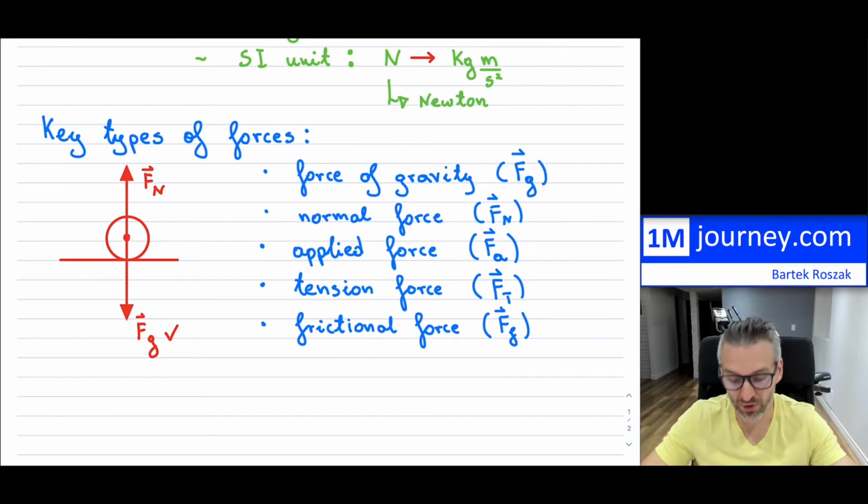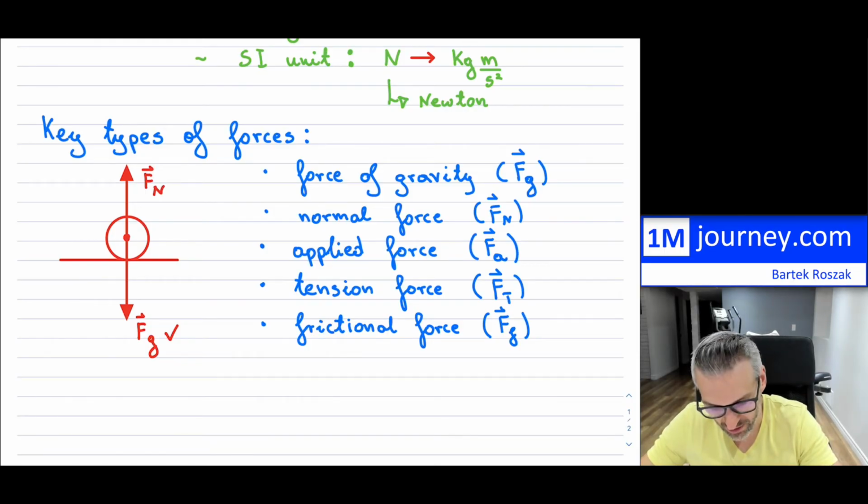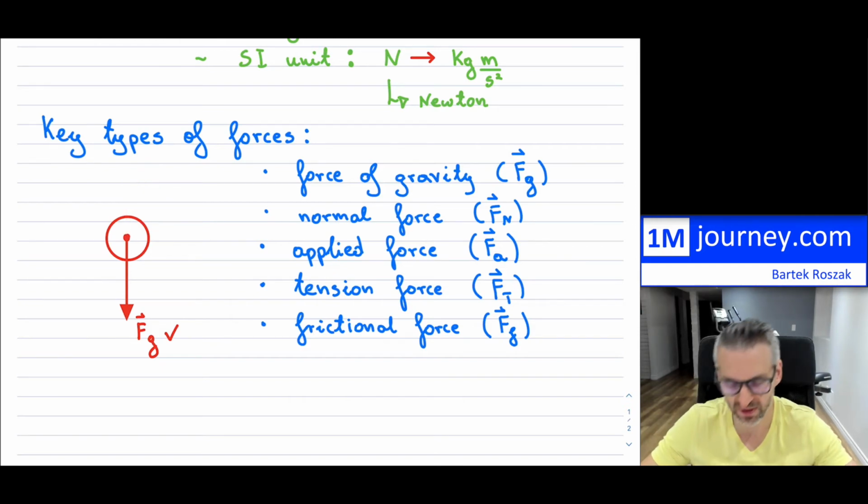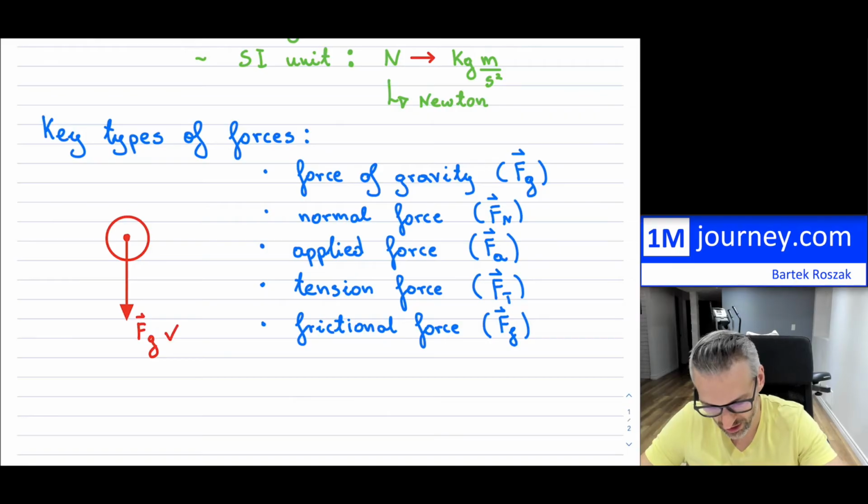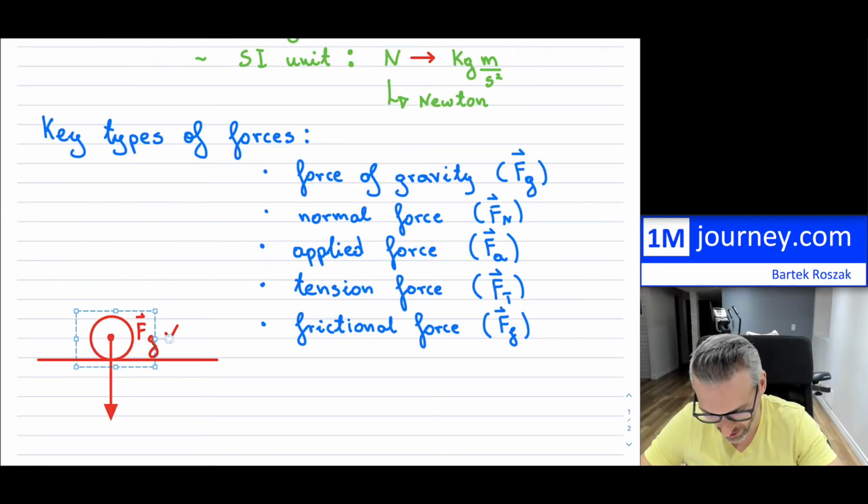Now, as soon as I remove this table altogether, all of a sudden this force would just disappear. And then this object would be falling right down. Eventually, somewhere down the line, it keeps falling and then there's maybe the earth itself there, and it will hit this, assuming it's not going to break or anything.